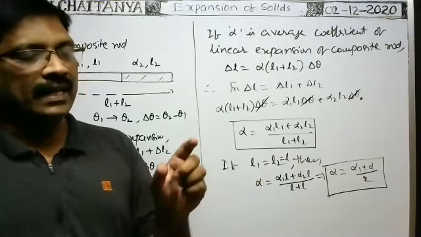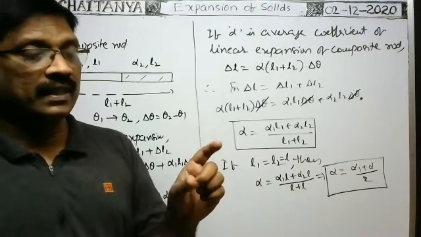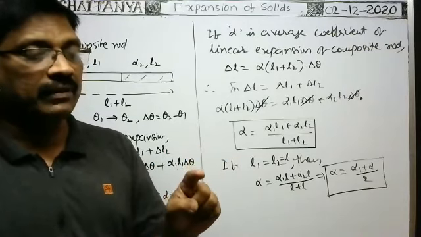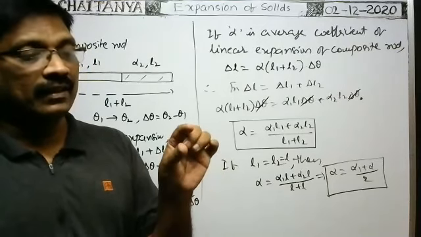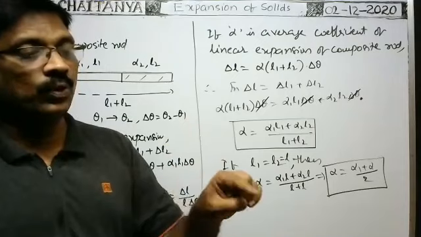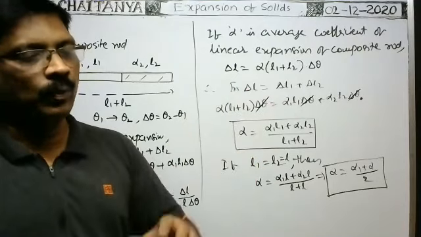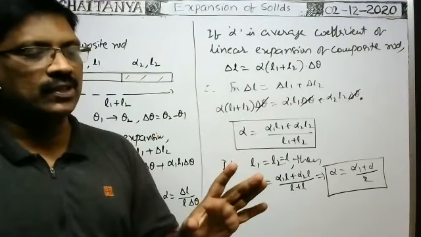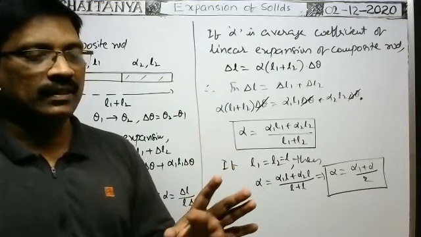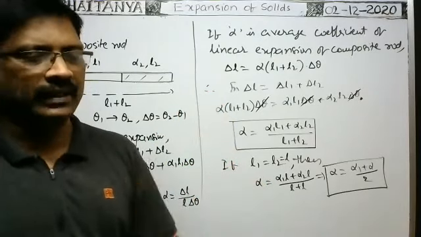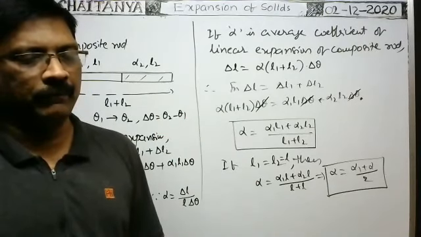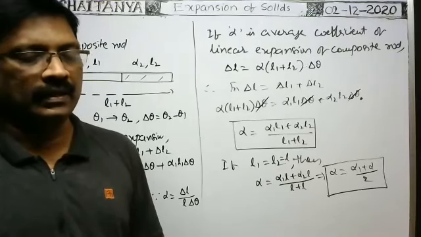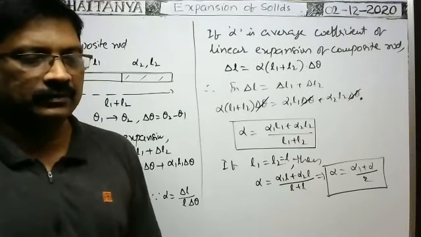As the two rods have the same masses, but one has less area of cross section, the length of the rod having area of cross section A1 is more than that of the other. When both rods are raised by the same rise of temperature, are the linear expansions the same or different?